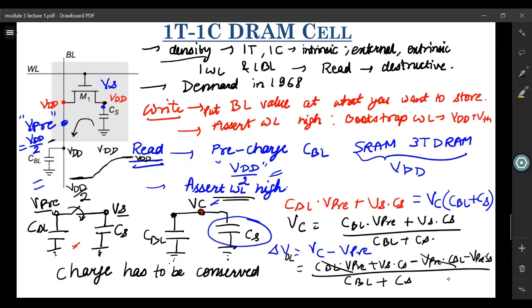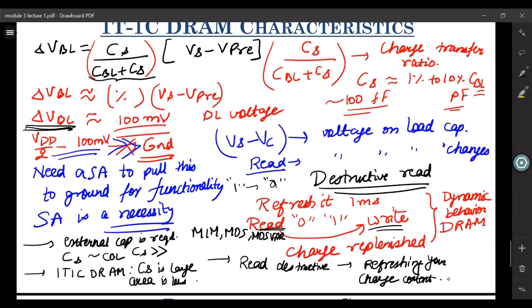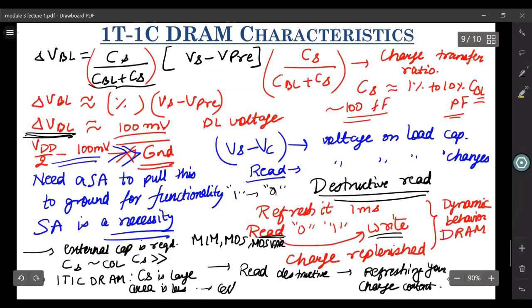And if you had written a 0 to this CS, then the voltage will reduce, and the sense amplifier will bring it down to ground. So here the sense amplifier is really essential for functionality. And here the cell is not inverting. So let's write here itself that the cell is not inverting.